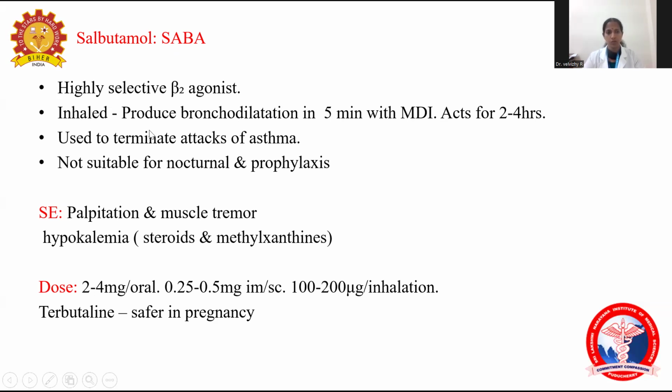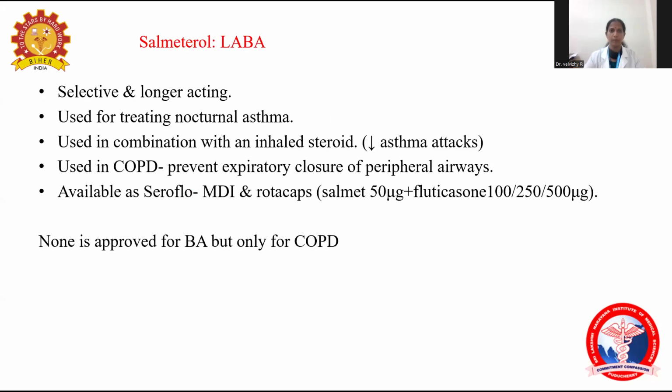But it also has side effects. The main side effects associated with this group of beta 2 agonists are palpitation and muscle tremor. It stimulates the beta 2 receptors present in skeletal muscle also and causes muscle tremor, and beta 1 receptors in the heart cause palpitation. Among these beta 2 agonists, terbutaline is one which is safer in pregnancy and can be given.